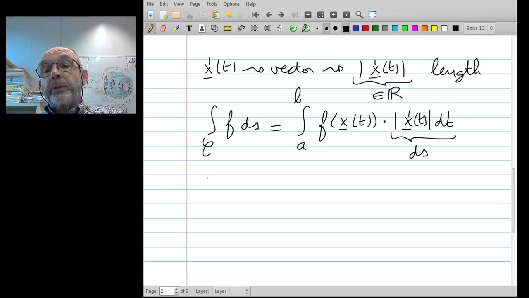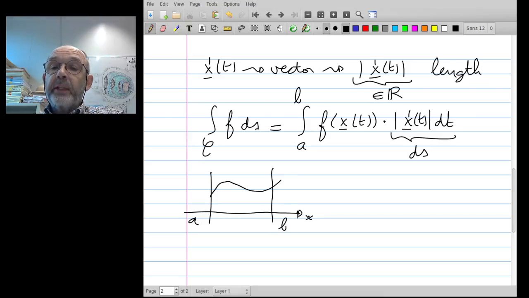You can also say, as integrals are introduced, if you have an interval [a, b], and here you have, for instance, the x-axis, y-axis, and your y equals f(x).